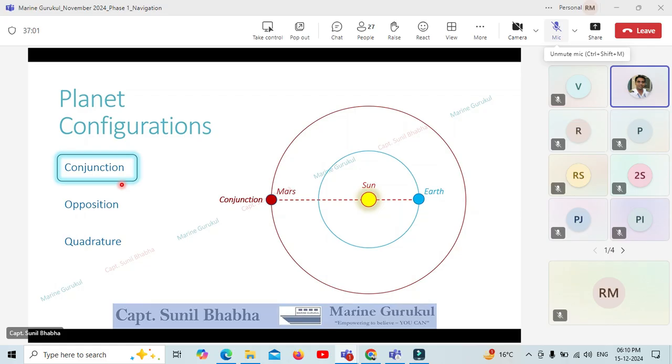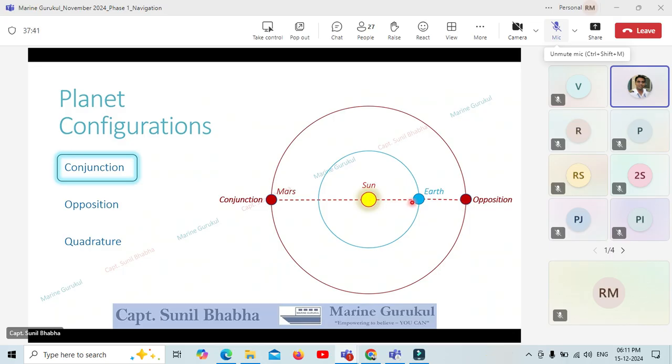Now let's say after some time we keep on observing this particular planet, and it moves to a different placement in its orbit, and right now the planet has moved to this particular location in its orbit. Now for an observer on the Earth, with the planet Mars at this location, you can see that the sun and the planet Mars are opposite to each other, or they are in opposite directions.